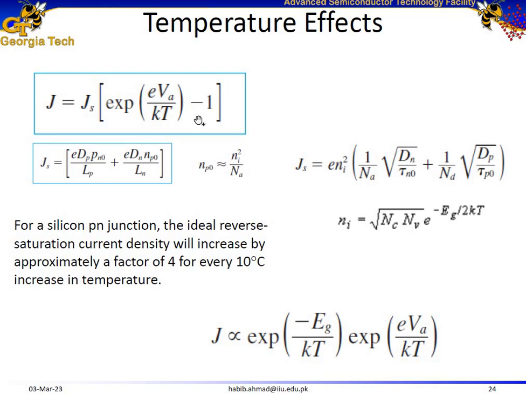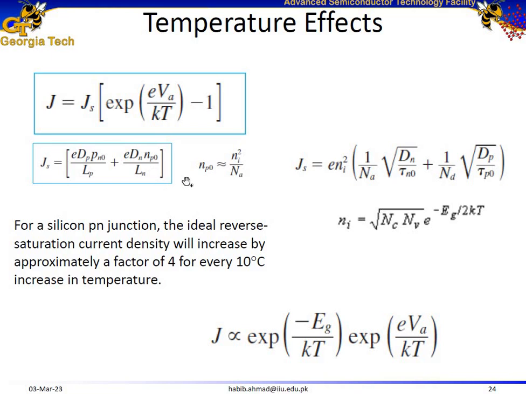So you already see this kT value over here. It's a function of temperature and it's a function of voltage as well, but the thermal energy does not really change a lot. You can see that clearly. Then how about Js?